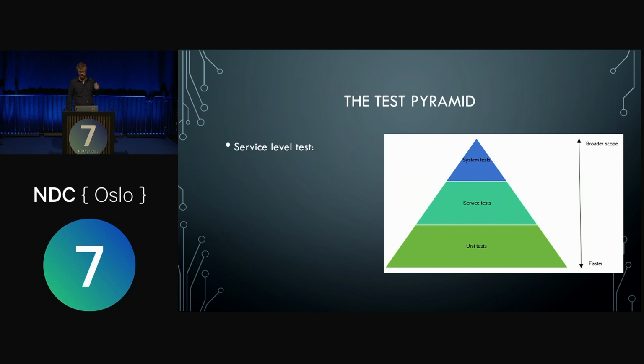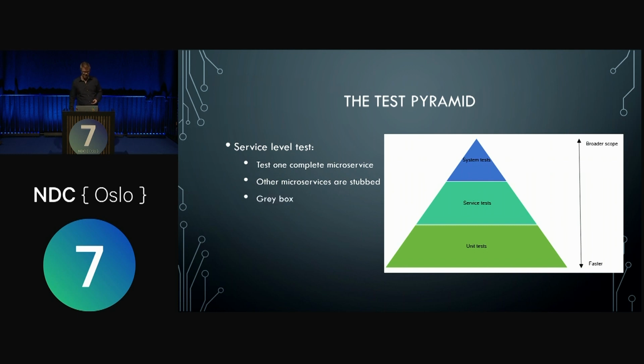The service level tests, the middle level, I think are very different when it comes to a microservice system. So we can test a complete microservice, and I think that's what we should do at this level. We can have the other services be stubbed or mocked, depending on which word you prefer, just meaning that we'll have fake versions of the other microservices.